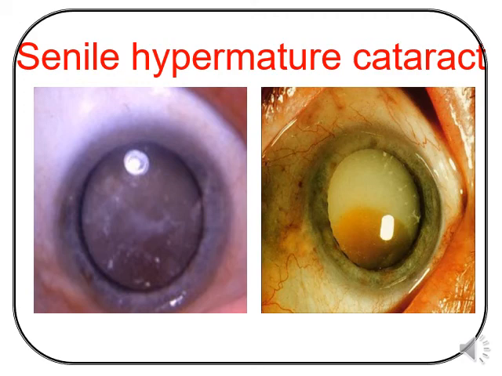A special type of hypermature cataract is seen to the left. The cortex is liquefied. So the nucleus drops down in this liquefied cortex.